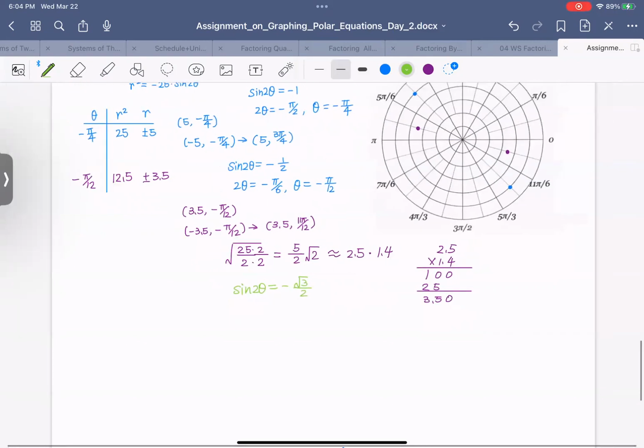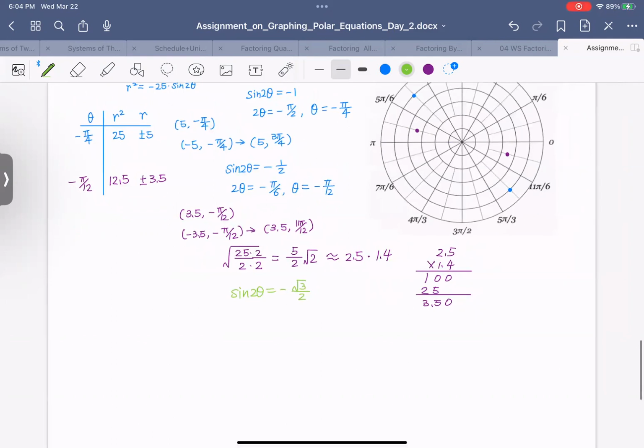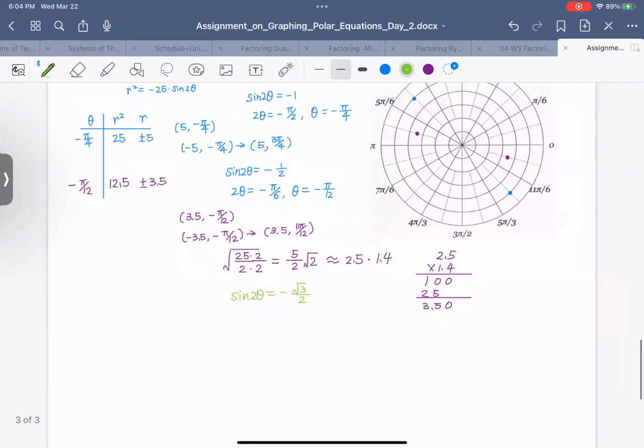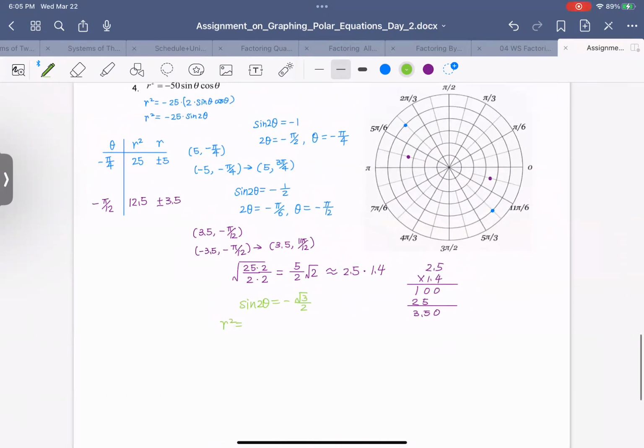So sine 2 theta equals negative square root 3 over 2. You will have r squared equals negative 25 times negative square root 3 over 2. Okay? But this time somehow we have to use a calculator. Negative times negative is positive. 25 over 2 is 12.5 times square root 3.